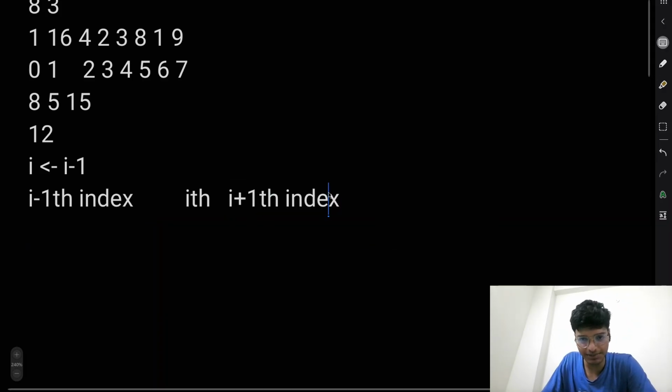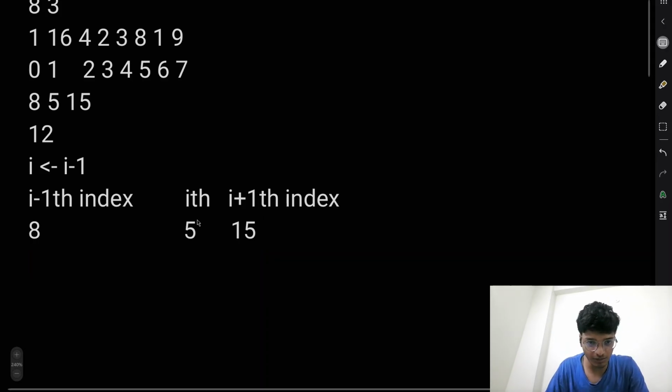And then the I plus one index, like here, 8, and then we come to the 5, and here it's 15. So the 5 will not change with its I minus one index, but the I plus one index may change because of the ith index, isn't it? But we cannot decrease at all. So we cannot change.